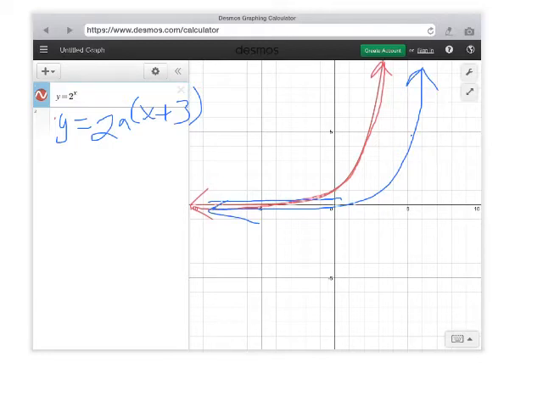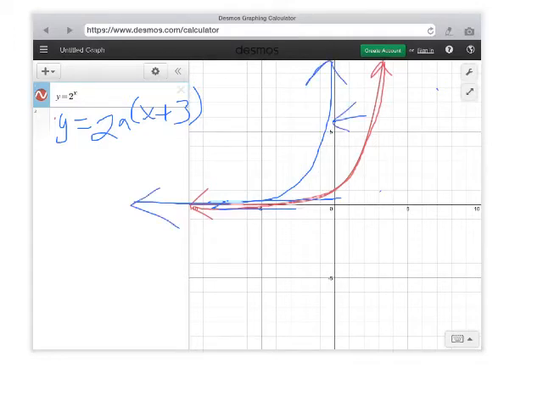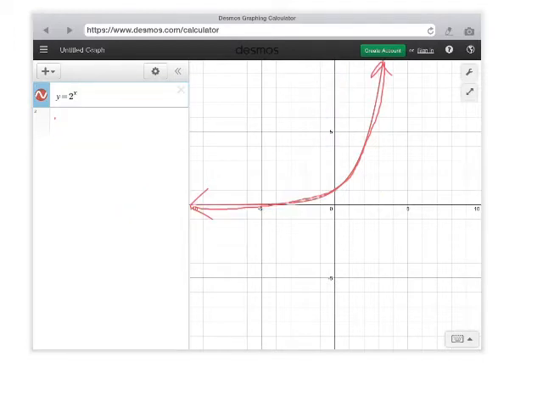What's going to be cool for you to understand is that when it's on the x side, when there's a horizontal shift, it goes the opposite way. It goes this way when it's plus 3. So notice this: when the independent variable is being added 3, the graph goes negative 3.